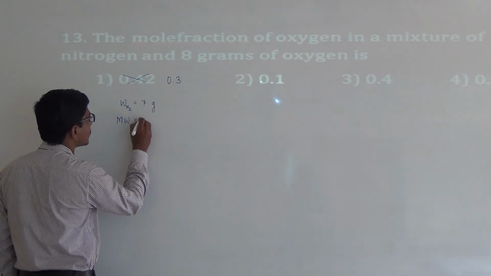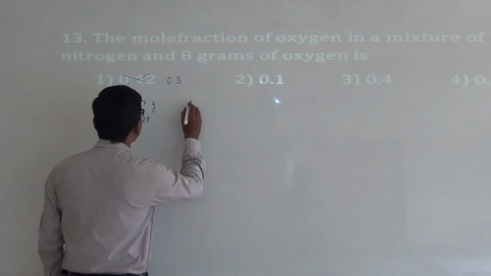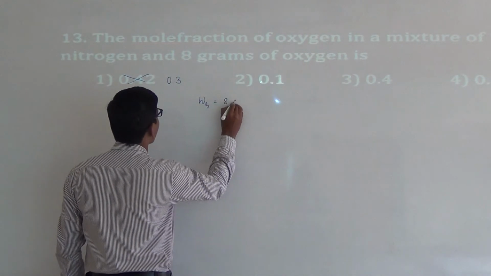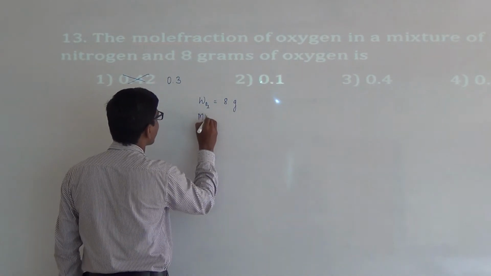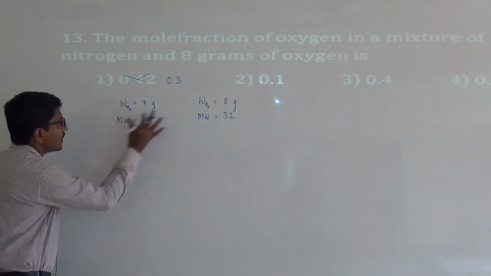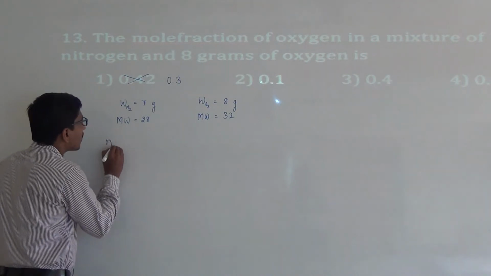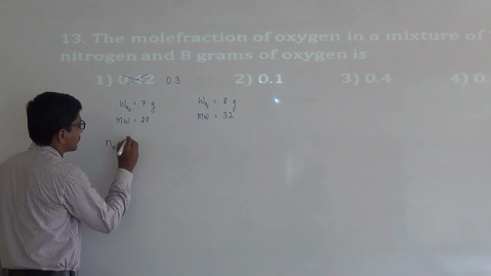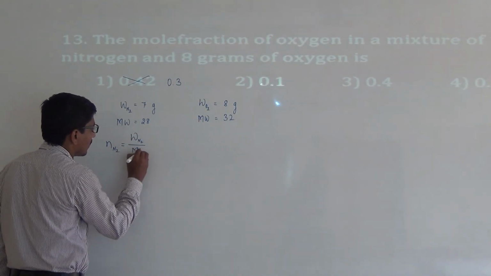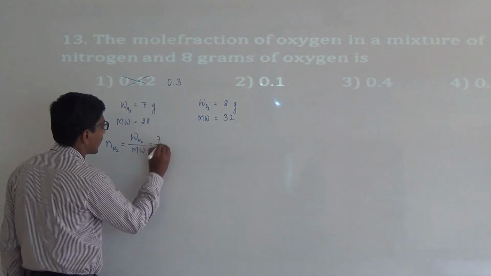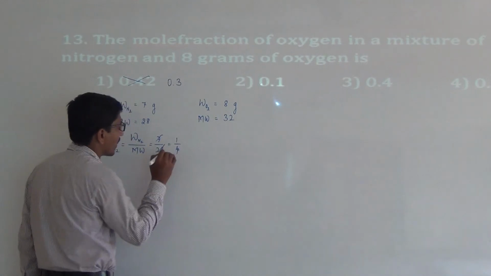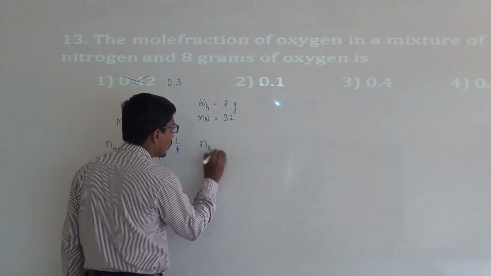Molar mass of nitrogen is 28 and WO2 is 8 gram. Molar mass of oxygen is 32.